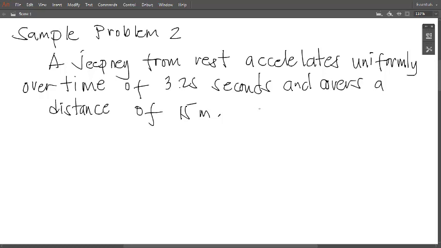So the question is how we're going to determine the acceleration of the jeepney.